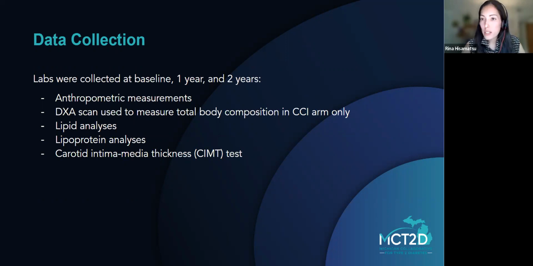They conducted lipid and lipoprotein analyses, and they also ran the carotid intima media thickness test, which measures the extent of atherosclerotic vascular disease by measuring the thickness of the carotid artery. And they ran the analysis using SPSS, is my understanding.